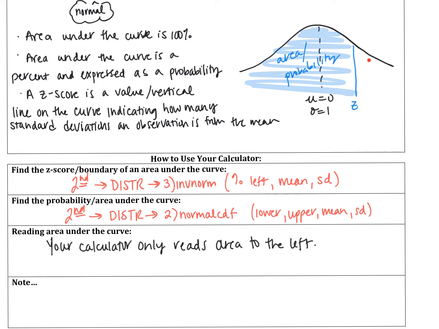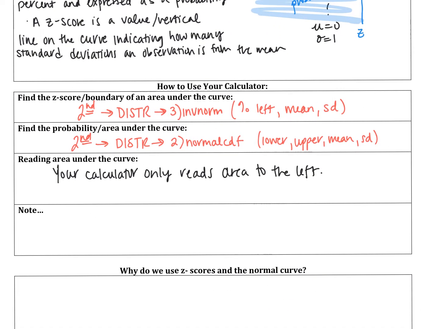So if I wanted to know this area on the upper tail, I would have to subtract from 1 since 100% of the data lies underneath the curve. I would have to do some subtraction there because some of them are smart enough, not all of them. So if you want area to the right, you need to subtract.